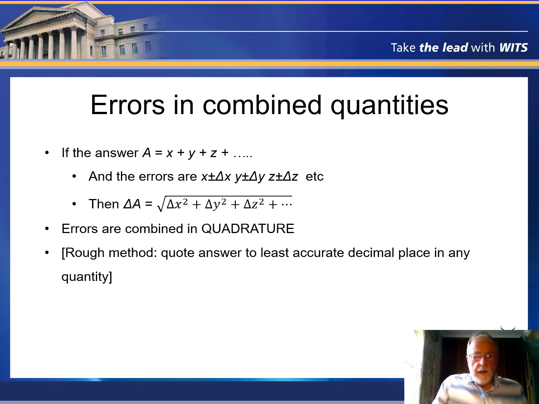If you're reporting a quantity that you got by adding some other quantities, how do you allow for the error? How do you combine the errors in those quantities that you've added up? Well, of course, you can add the errors. That's better than nothing. But in fact, the statistically proper thing to do is to add the squares of the errors.